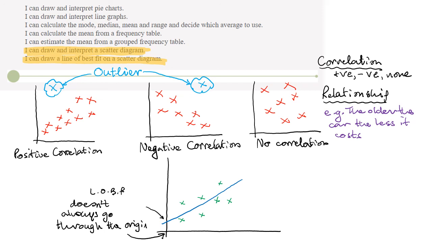Sometimes then, once you've drawn your line of best fit, you need to read off from your scatter diagram. And let's say they ask you to read off a value that's somewhere over here, way off from all the other points that you've drawn. You might make your line a bit longer like that and try and read it off. But the point is that values that are way different from the ones that you've been given, they're not reliable.